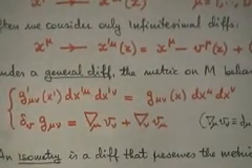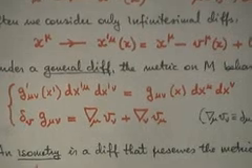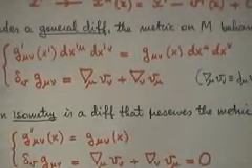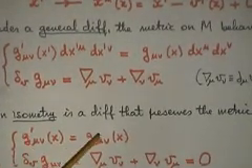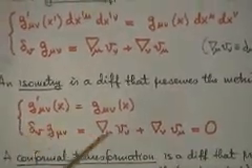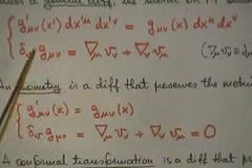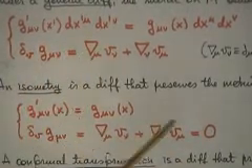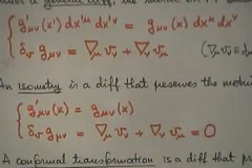So an isometry is a diffeomorphism that preserves the metric. So G prime is actually equal to G, or the vector field V satisfies this relation so that the change in G is 0, and this is called a killing vector. So V is a killing vector.